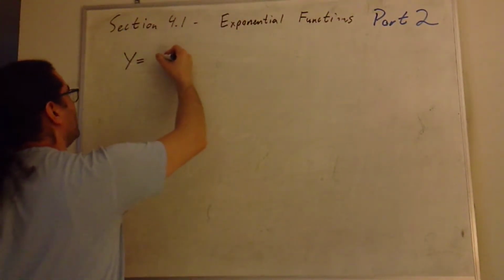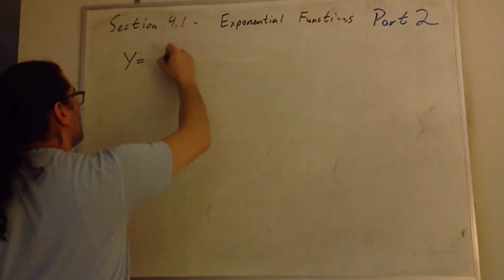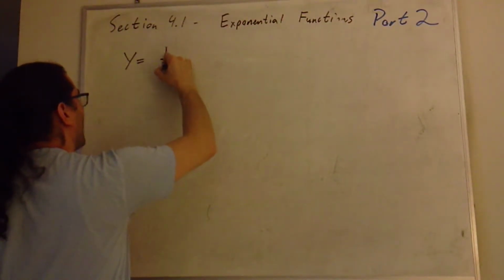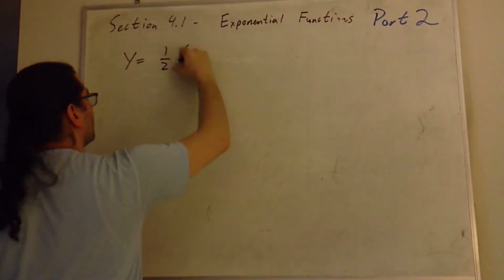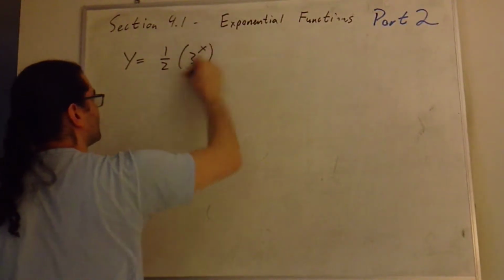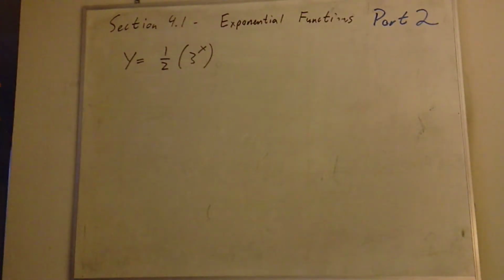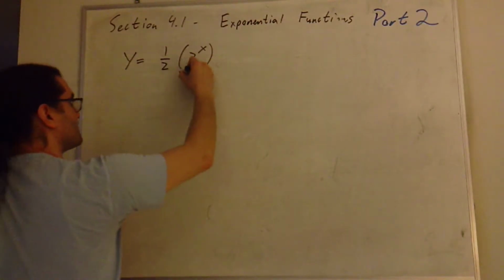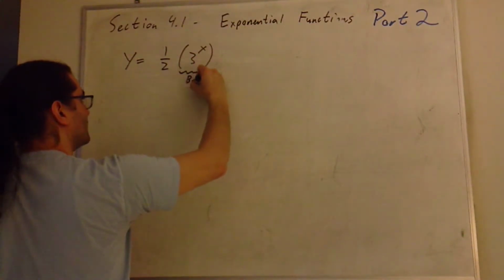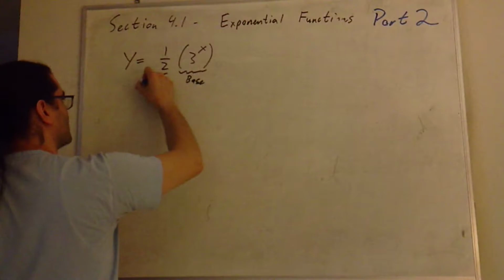Something like y equals, let's say, 1/2. I'll go back to 3's for this one. 1/2 of 3 to the x. So this is my base function. This is my transformation.